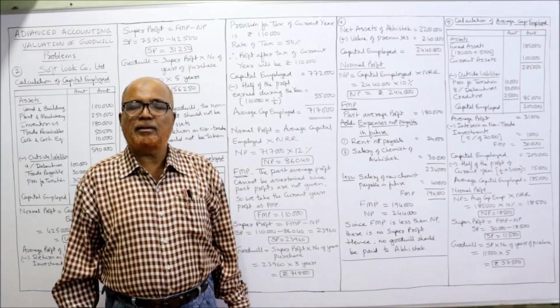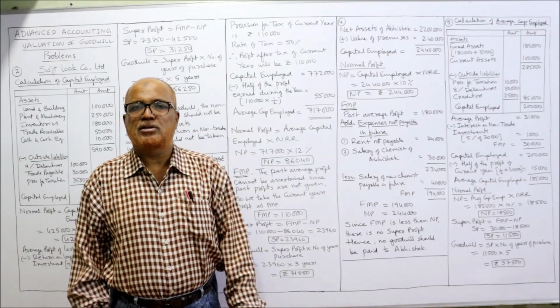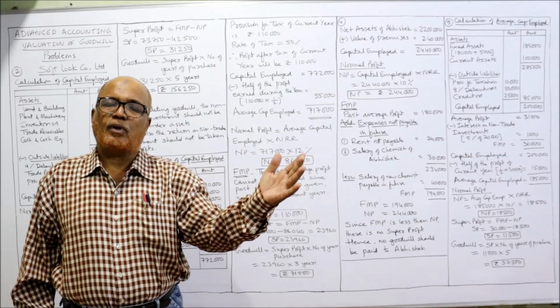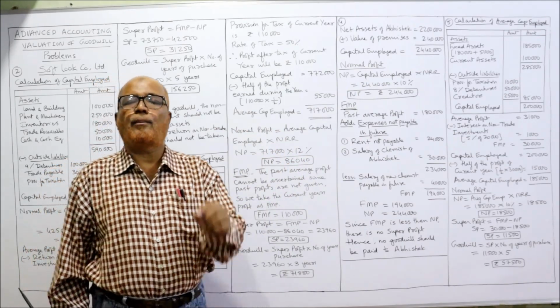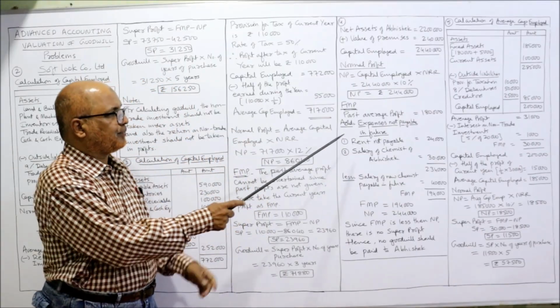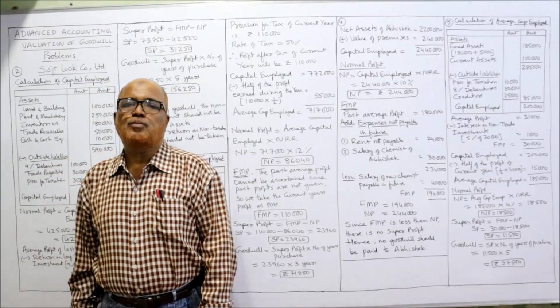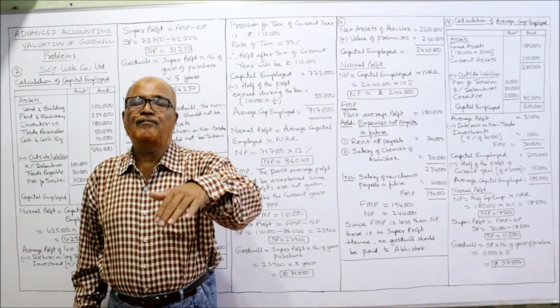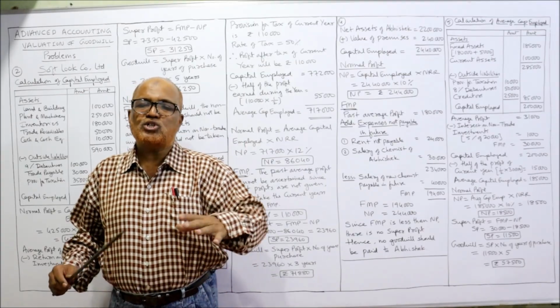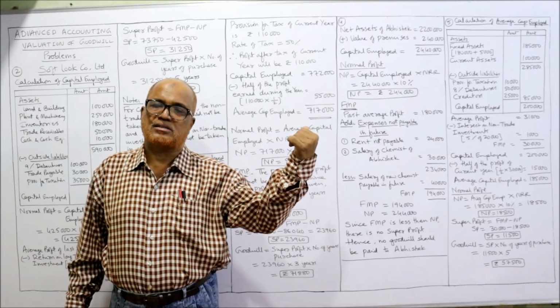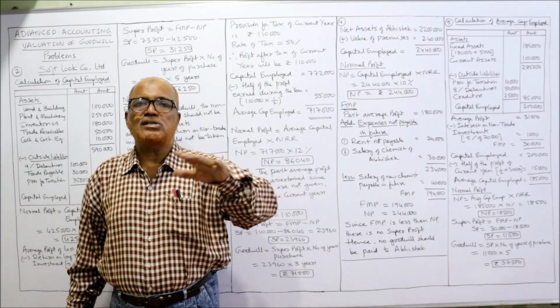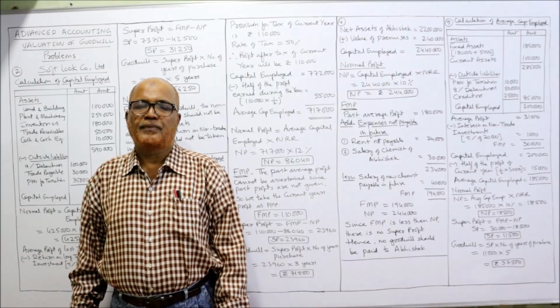Now future maintainable profit, FMP, we have to calculate. What is the past average profit earned by Abhishek? 1,80,000 is the past average profit. To that past average profit, we adjust the future changes. Future changes means some expenses were incurred by Abhishek in the past, but in future, those expenses are not payable.